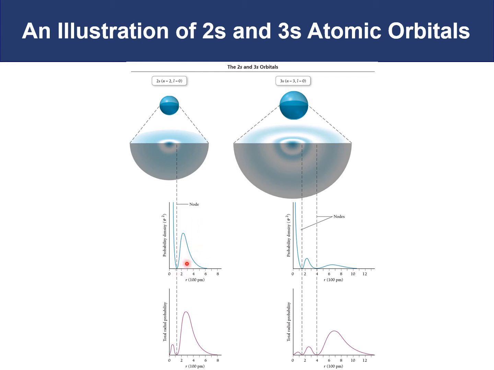When we combine this with our volume shells that was described in the previous slide, we get our total radial probabilities.